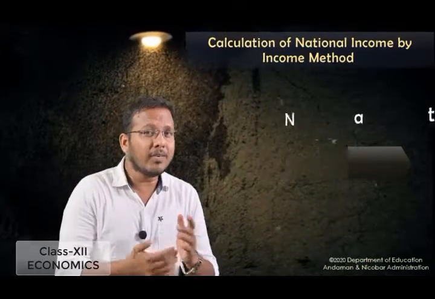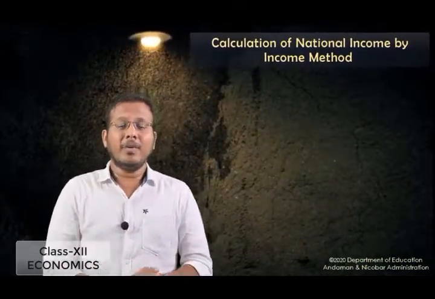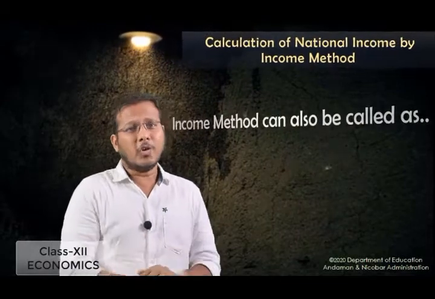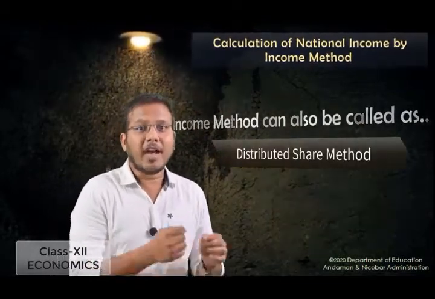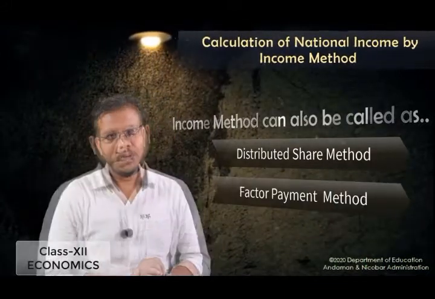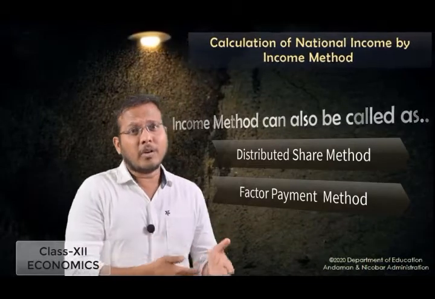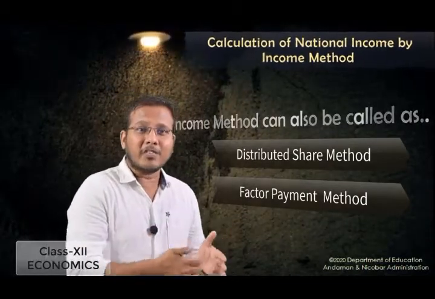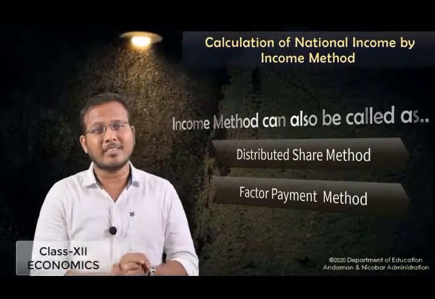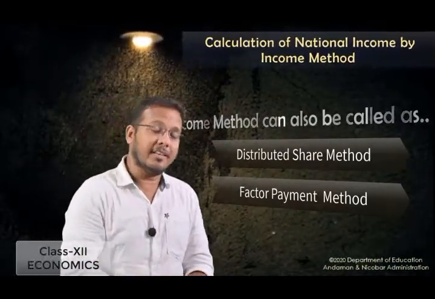Today we will learn about the national income by income method, which we can also call the distributor share method or the factor payment method. By these words you can very easily understand what components are included in the calculation of national income through this method. Today we will study all these components in detail.